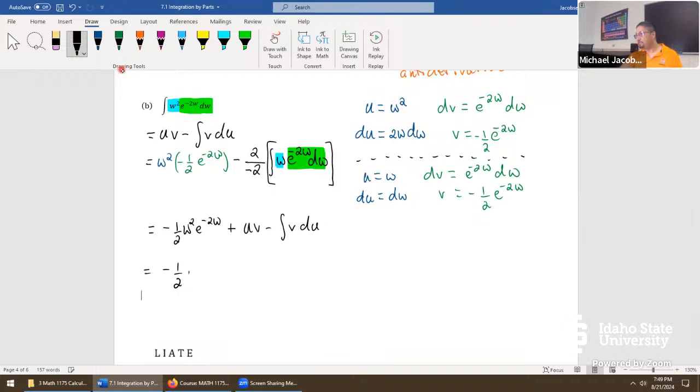-1/2 w squared e^(-2w) plus, now we go carefully. u is a w, and it's going to multiply this right here. So there's the u, v is going to be -1/2 e^(-2w). Then we have this portion next, so minus the integral.